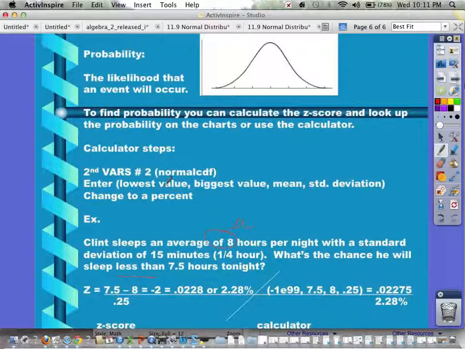Now, if you want to use the calculator and you do the second bars thing, enter the lowest value. Well, it says, what is the chance he will sleep less than? So it cannot be 7.5. That's the biggest number, right? It's numbers less than 7.5. So when we want to use less than, let me write it up here. We're going to type in first, because this is going to make it smaller, negative 1 E 99, which is your scientific notation: negative 1 times 10 to the 99.